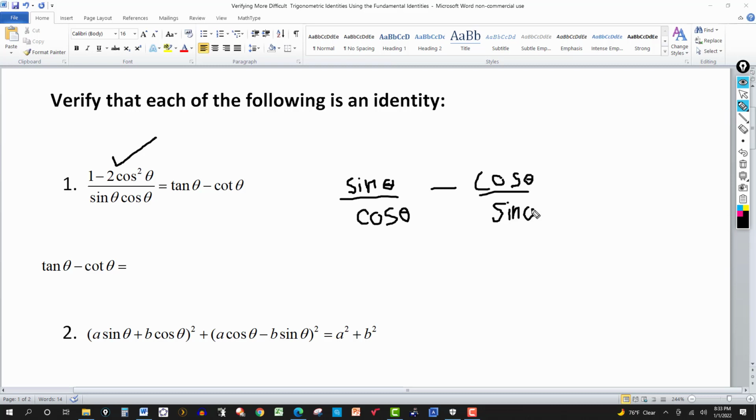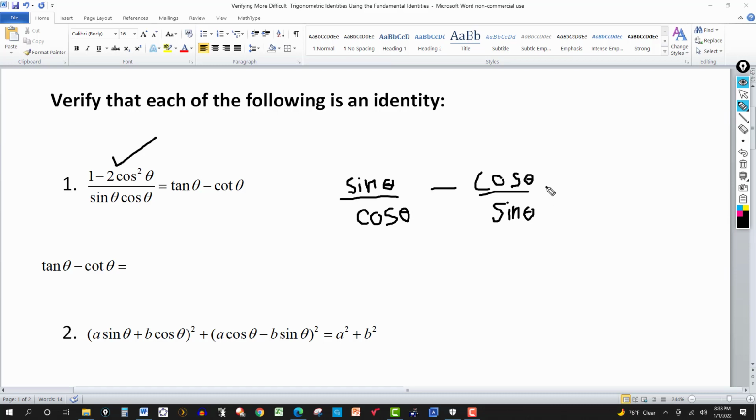Basically what I'm going to do now is try to combine this into one fraction. The right side is broken down into two terms. The left side is just one fraction. So here I look for a common denominator, which is going to be cosine times sine theta. Just basic algebra, except instead of an x and a y, we have the functions sine and cosine.